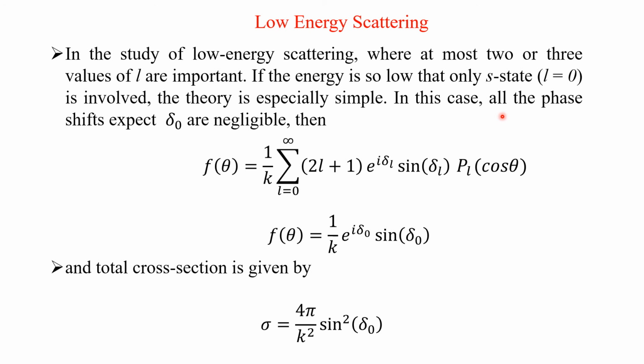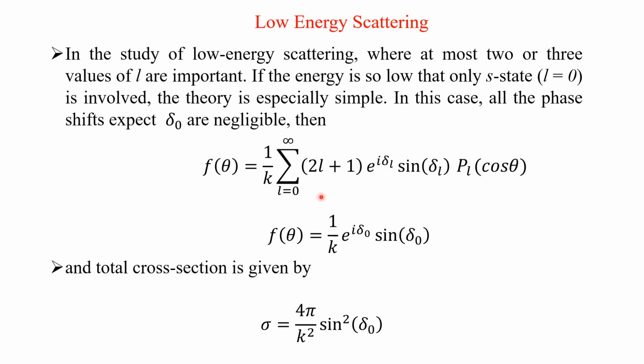In this case, all the phase shifts except δ_0 are negligible, then the scattering amplitude f, which is a function of θ, is equal to 1 over k, summation over l, (2l+1) e^(iδ_l) sin δ_l P_l(cos θ). That is what we have seen.